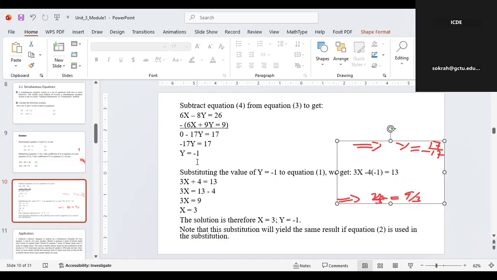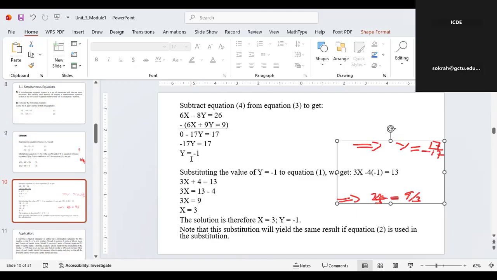So you go back to the original equation and substitute the value of y into any of them. You choose any of them. I chose the first equation, equation 1. So I went back to equation 1. Wherever I saw y in equation 1, I put negative 1.